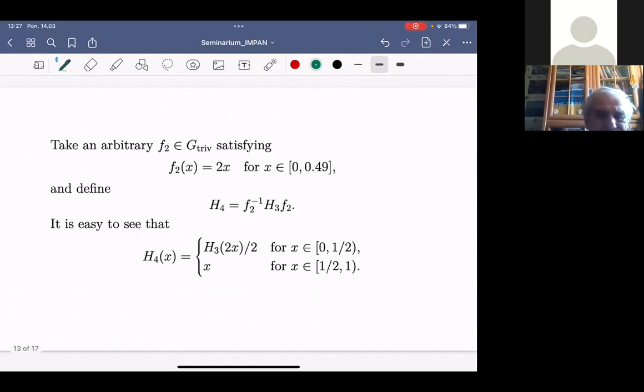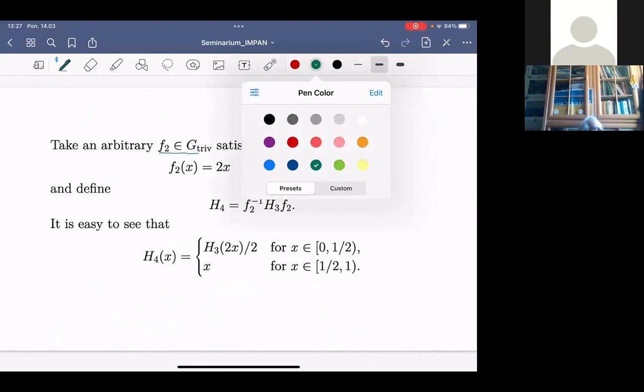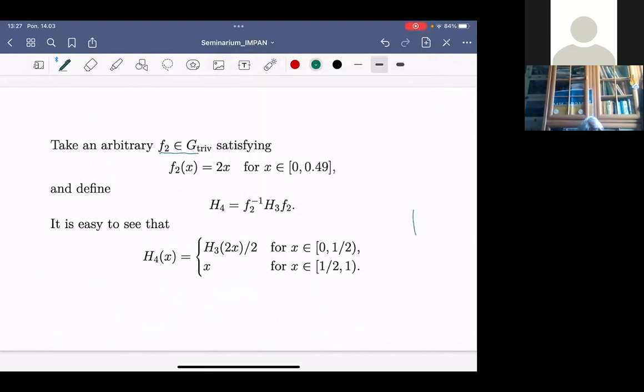Look, we take the following function. We take the function f2, where there is again some freedom in choosing this function. It must be 2x on the interval from 0 to 0.49.